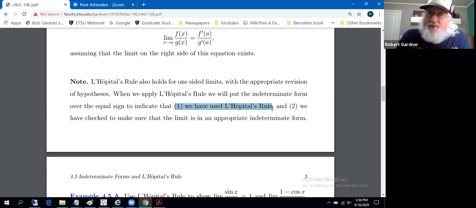So this communicates that fact, and you make sure you check that the limit actually is in an appropriate indeterminate form so that we can apply L'Hopital's rule. Don't get in the habit of just willy-nilly applying L'Hopital's rule. It came with some hypotheses.